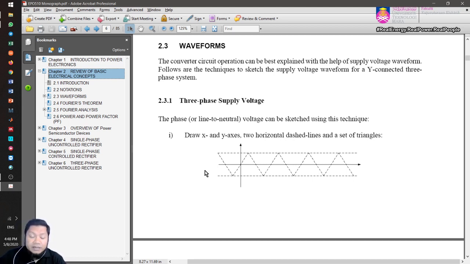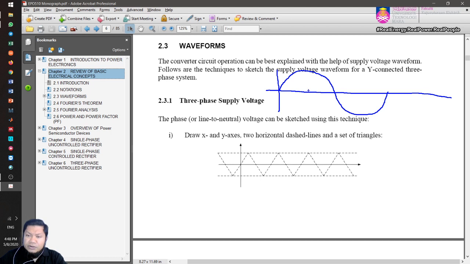If not, you're going to get into trouble: you might start with V red, and because of the 120 degrees you get confused about where the next waveform and the blue waveform go. So here I give you some tips on how to sketch the three-phase waveform properly.